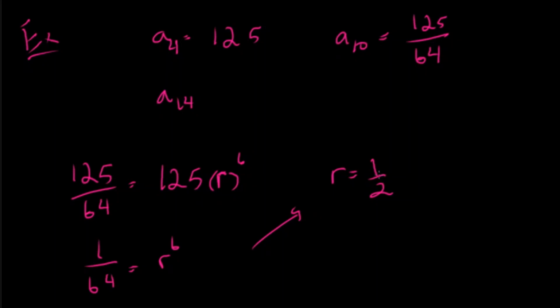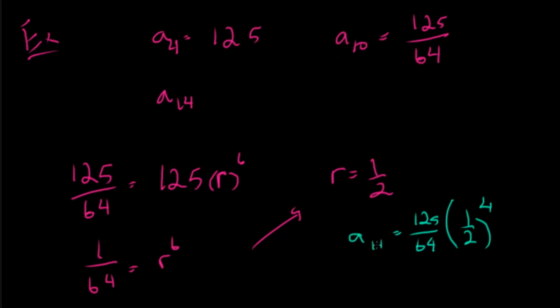And then I can use this to find out what my 14th term is. So how can I find that? Well, if I take the 10th term, 125 over 64, and multiply it by 1/2 four times, I'm going to get to the 14th term.